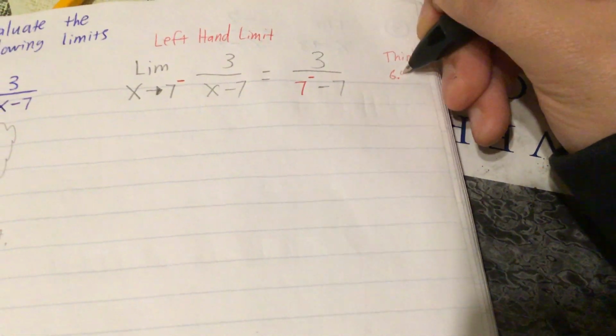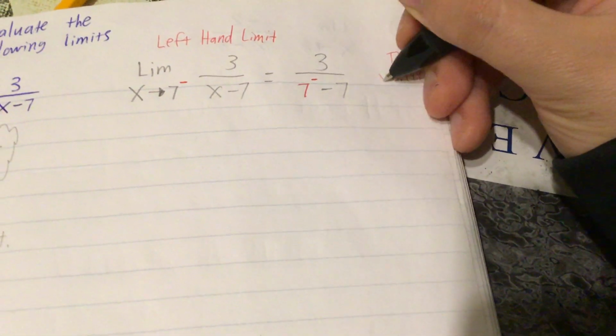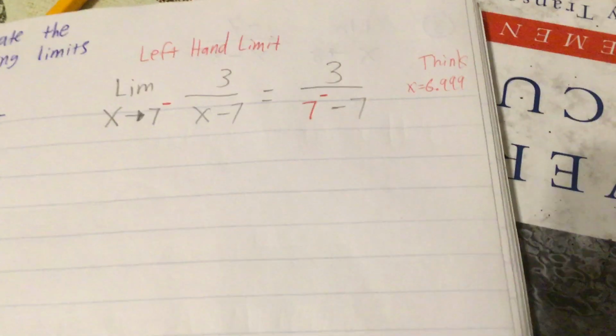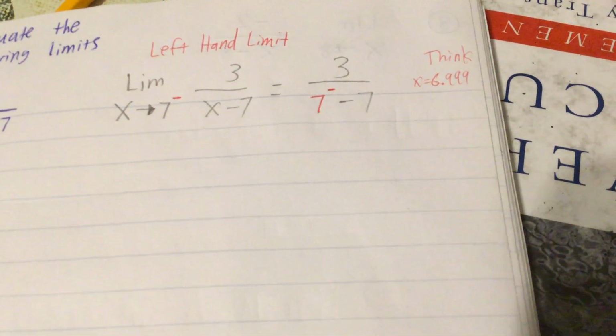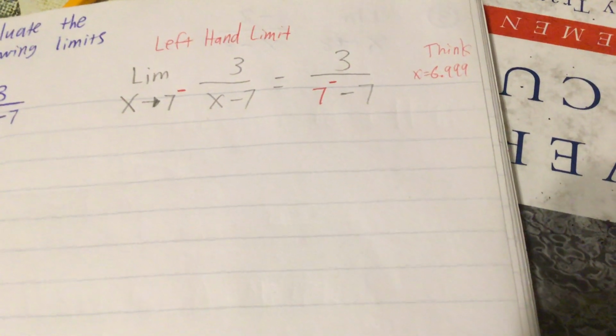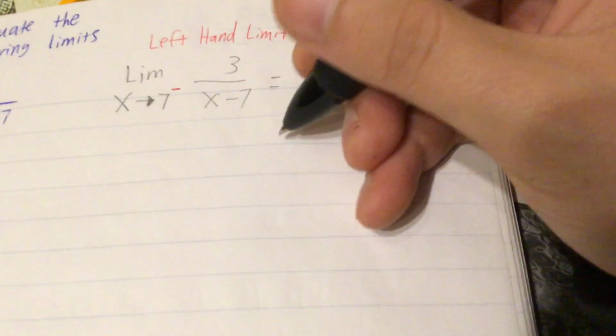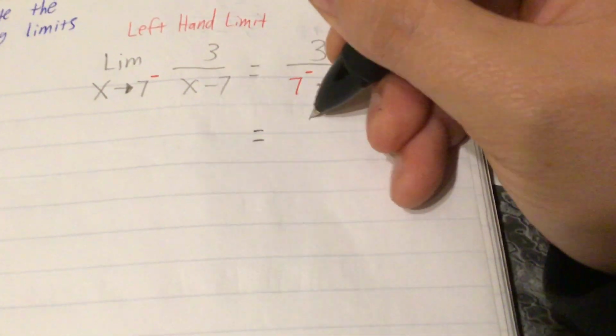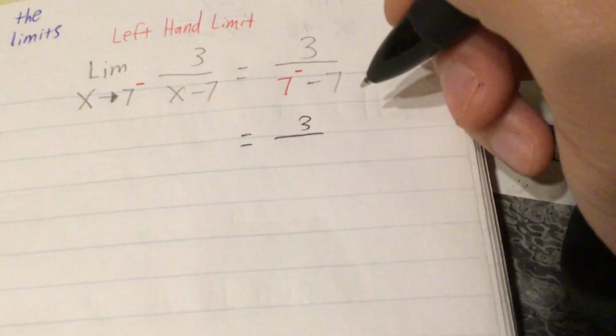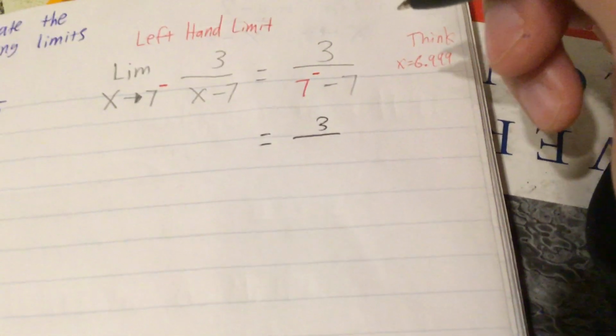6.99999. So what happens when we plug in 6.99999 and so on and so forth? Well, 6.99999 minus 7, and I know you're going to think I'm crazy, is going to be barely negative, right?